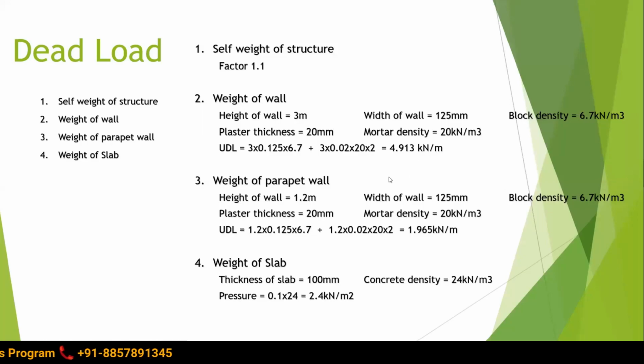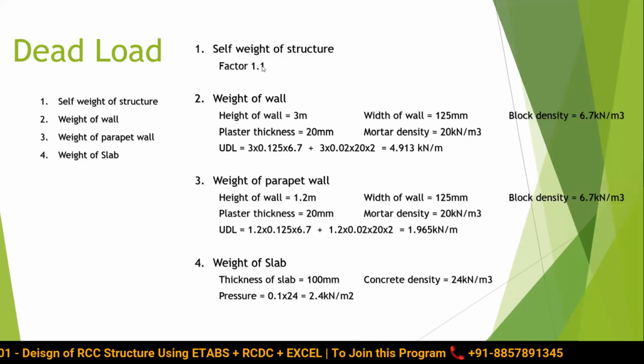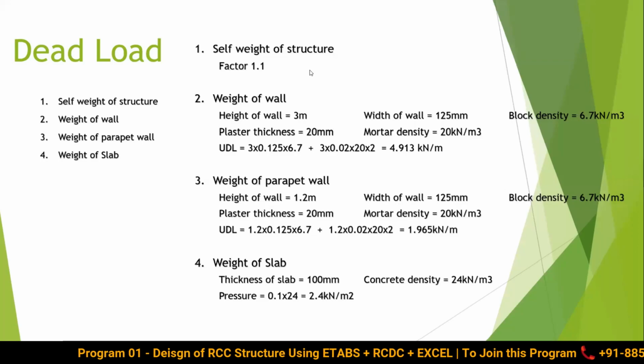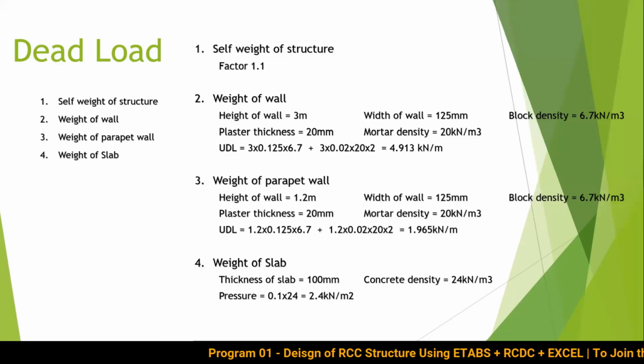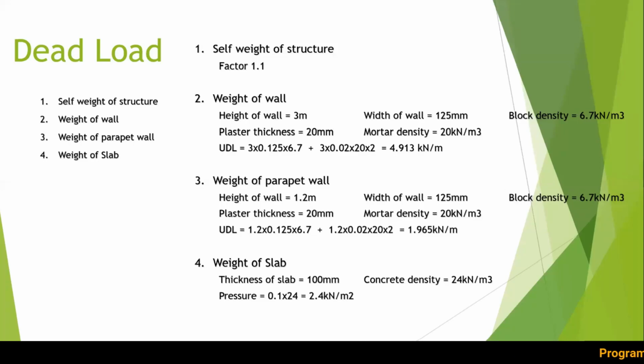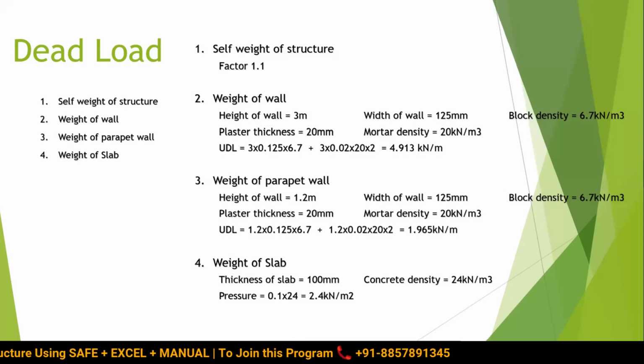Sir, is this factor fixed or can we change it as per the structure? This will of course change as per the structure. In certain cases, if we have very heavy connections, then we can take 1.15 as the factor. And if we understand what the weight of the connections could be, then this could also go up to 1.2 and 1.3 depending on the weight of our connection.